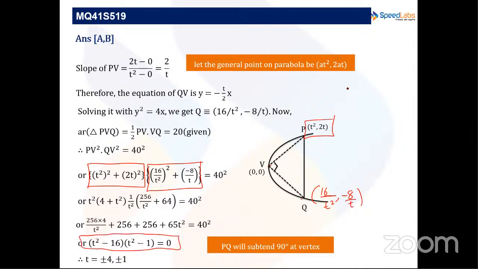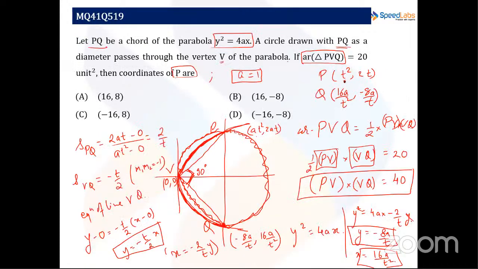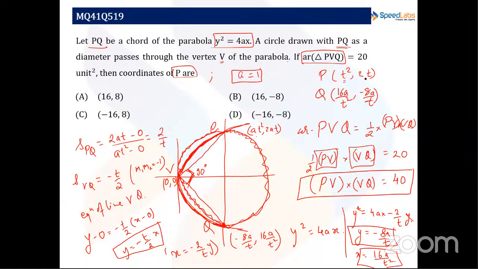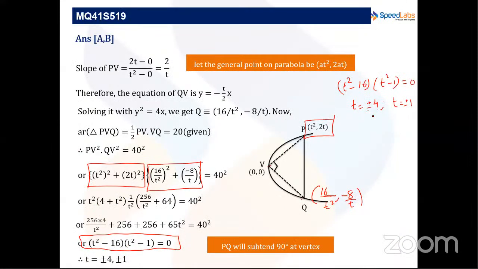this quadratic equation, and this quadratic equation is t square minus 16 into t square minus 1 equals to 0. So t will be equals to plus minus 4 or t will be equals to plus minus 1. So when we will take t equals to plus minus 1, we are having 1 comma 2, and when we will have t equals to 4, then we'll be having 4 square, that is 16 comma 8, and minus 4 will give us this point.